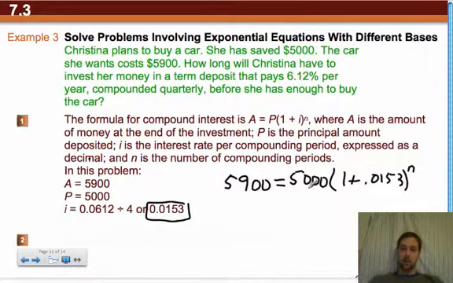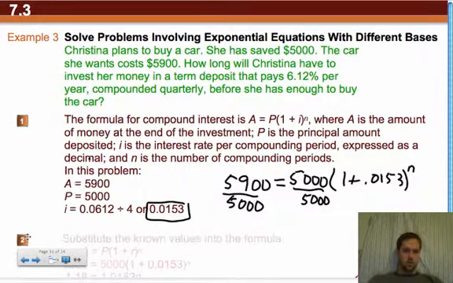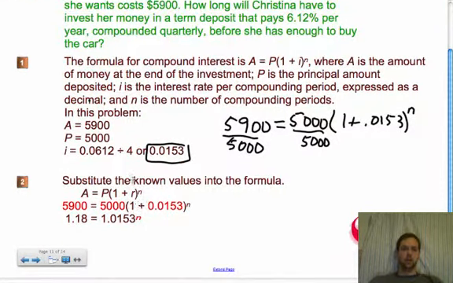So let's go ahead and divide both sides by 5,000 and get rid of this term right here. When we divide by 5,000 we get 1.18, and this 1.0153 to the n is just this plus this, lumped together into one, to the power of n.